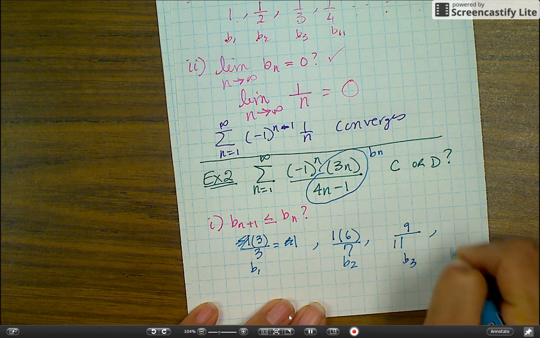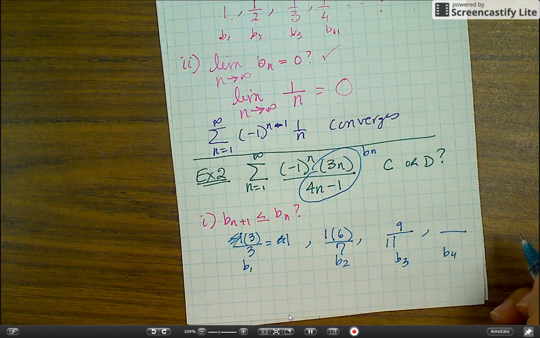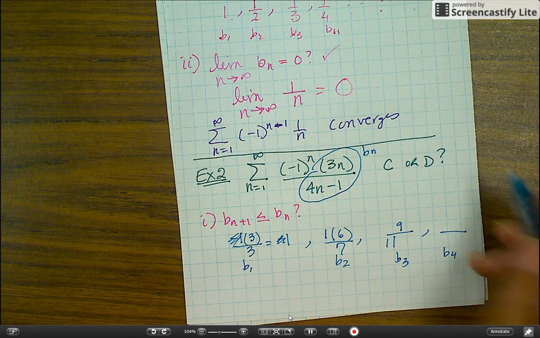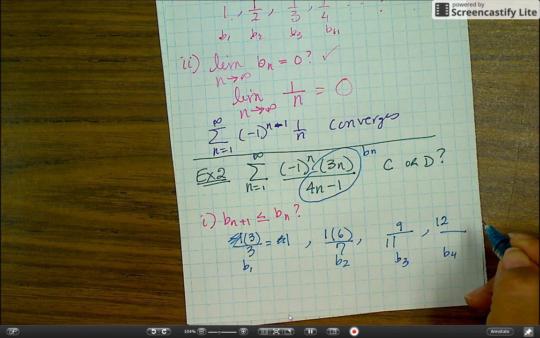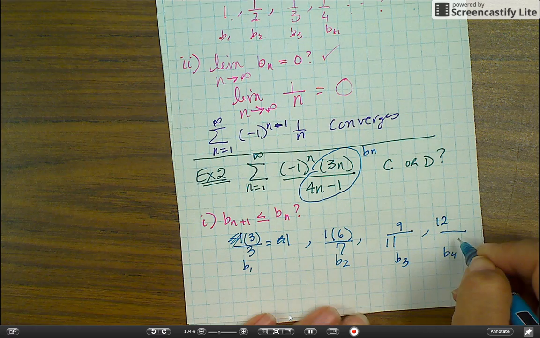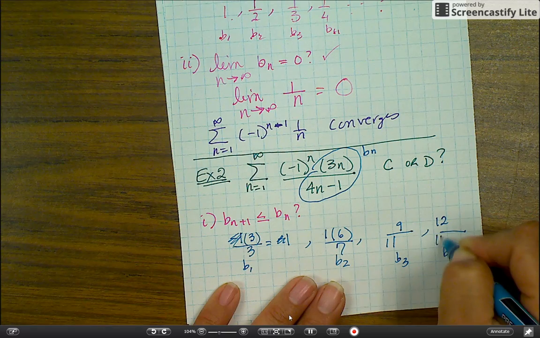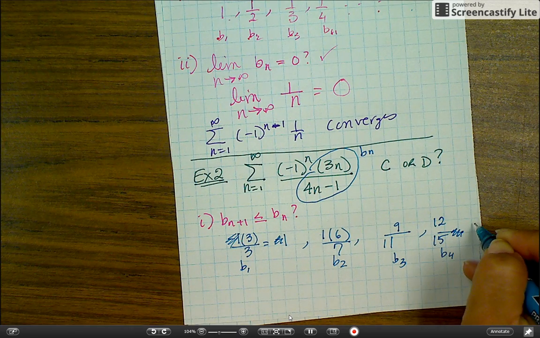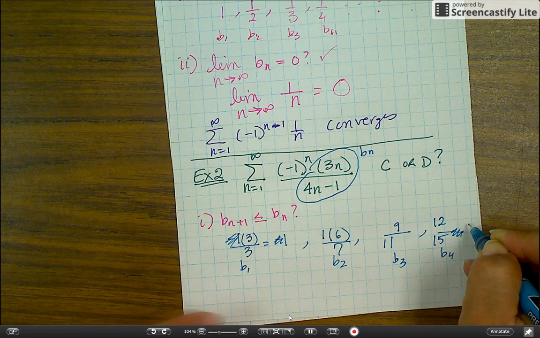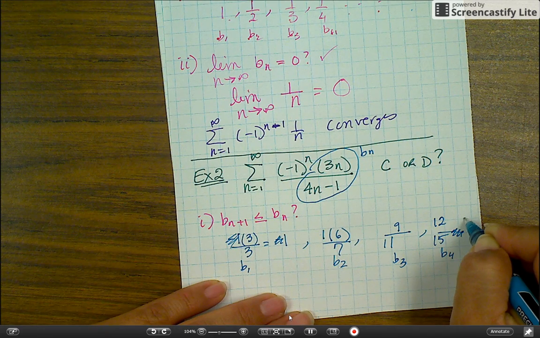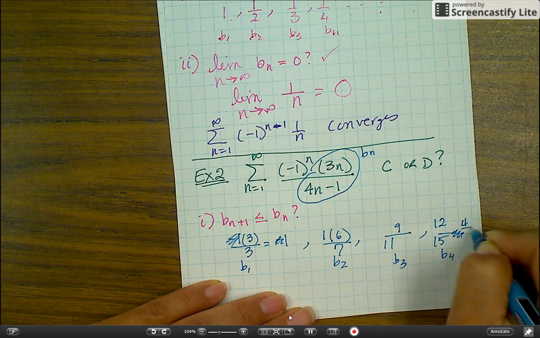And then B4: if I put in 4, this is going to be 12 all over 16 minus 1, 15, which is the same thing as 4/5.